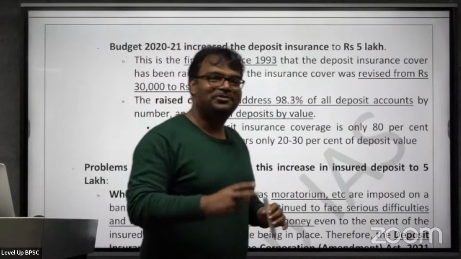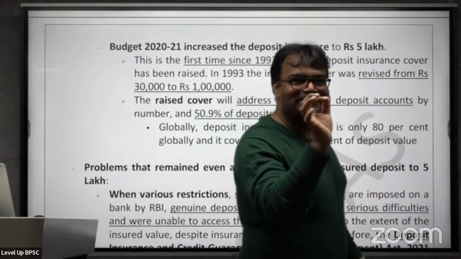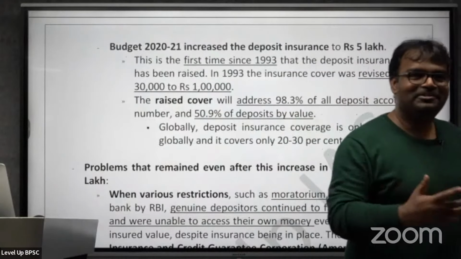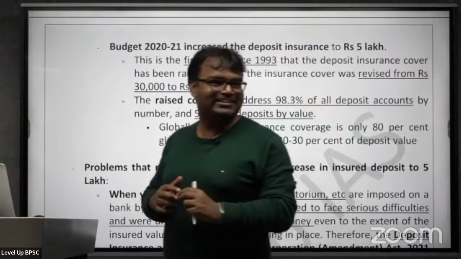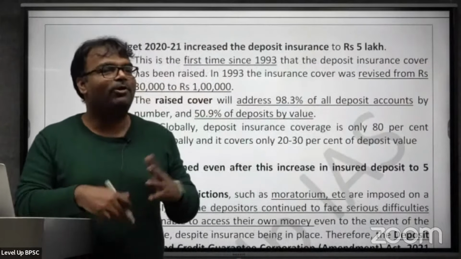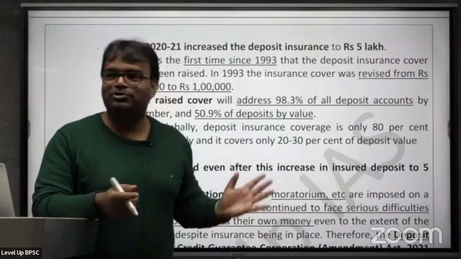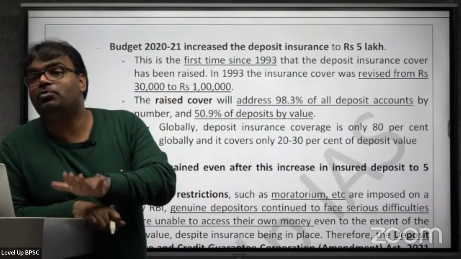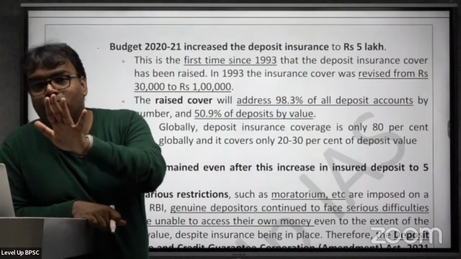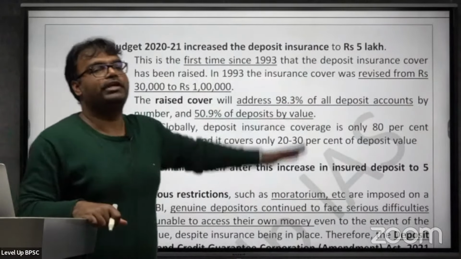What does it tell you? Those 1% of the bank accounts have around 50% of the deposit value. Very few bank accounts have all the money. More than 98% of the bank accounts in India do not have more than 5 lakh rupees, and they are all fully protected.